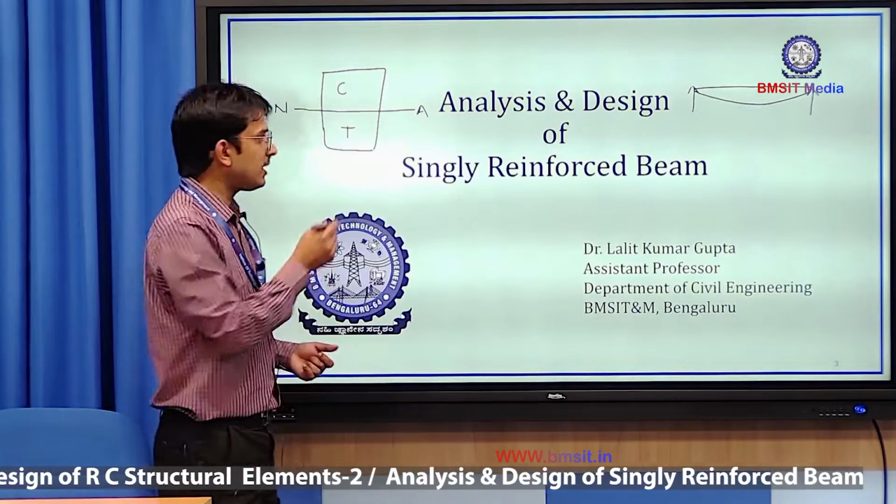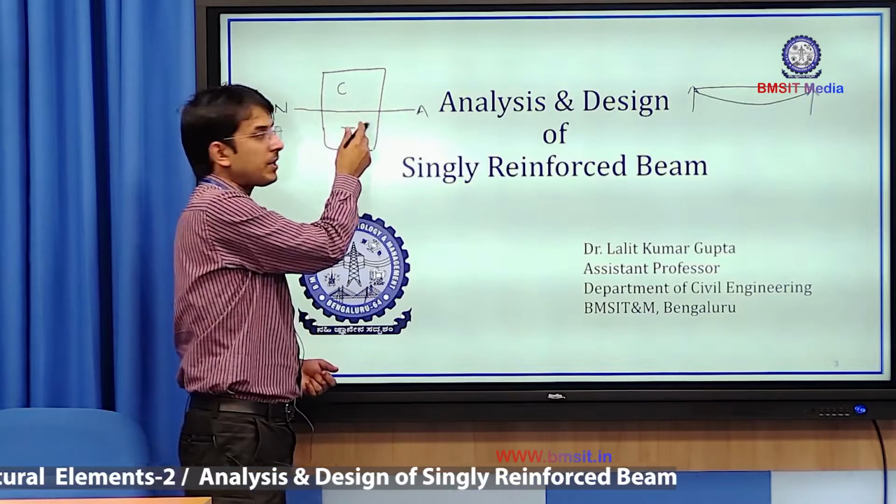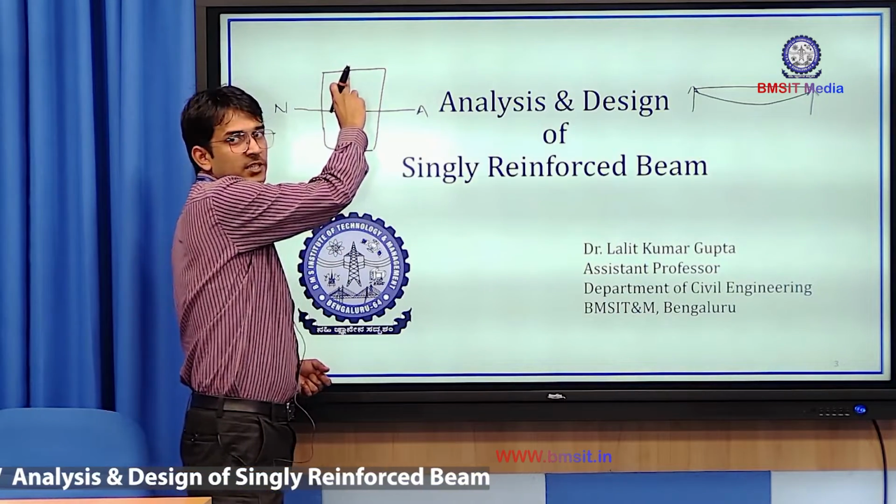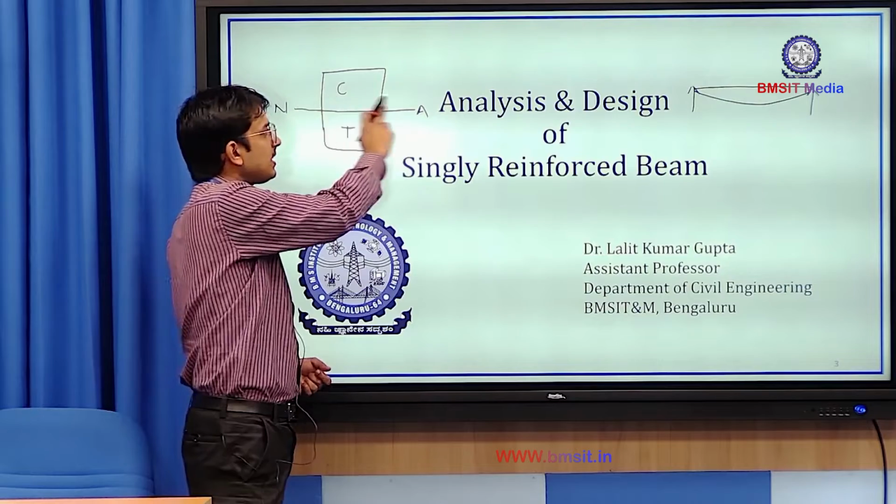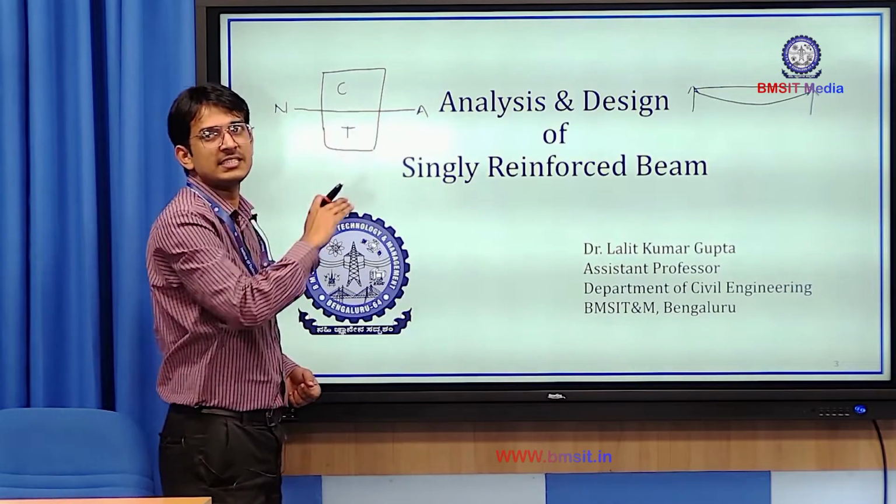That is why in a simply supported beam the upper section is the compression zone and the lower section is the tension zone, and one axis, the neutral axis, divides the section.